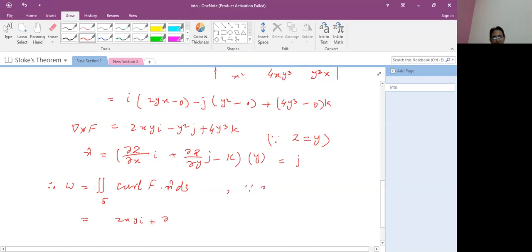Since dS is equal to dA, and dA is equal to dy dx.